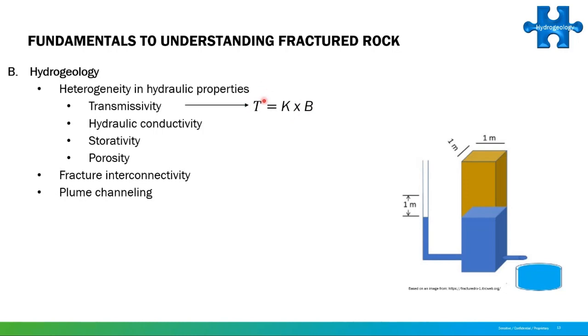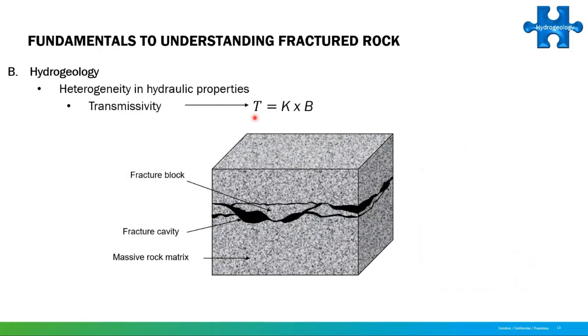So oftentimes we're analyzing for transmissivity, and we calculate the hydraulic conductivity by dividing by the aquifer thickness. So that means you take B here and it moves over to the denominator on the other side of the equation. So let's think about that for a second in terms of discrete fracture networks.